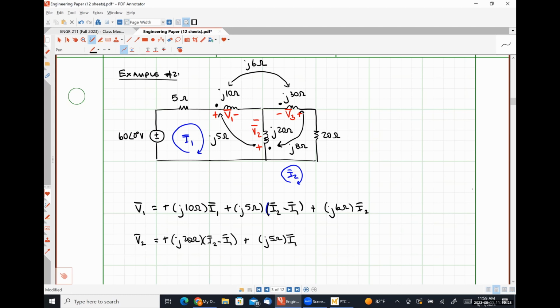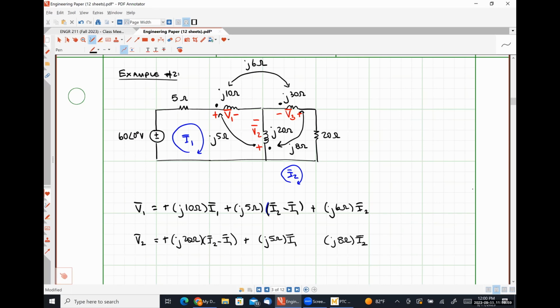Now we need to look at our term for the coupling between coil 2 and coil 3. The only current flowing through coil 3 is I2. The positive polarity terminal is at the dotted terminal of coil 2. The current I2 is flowing into the dotted terminal of coil 3.